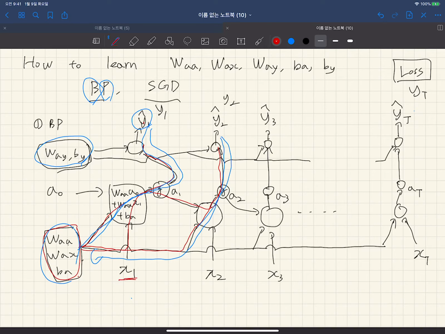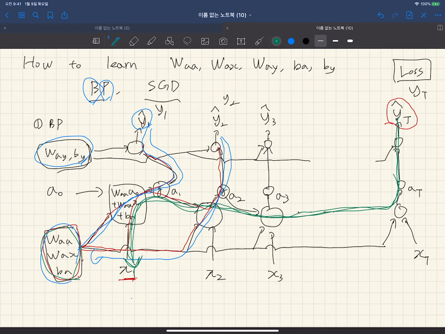Okay, but here I want to highlight the correlation between X1 and Y hat capital T. To model or to learn the correlation between X1 and Y hat T, we have to take the path from X1 through X at T. We have to consider this path to understand the correlation between X1 and Y at T. So the backpropagation value obtained from this backward path will give you some information or will store some information to your training parameters WAA, WAX, BA.